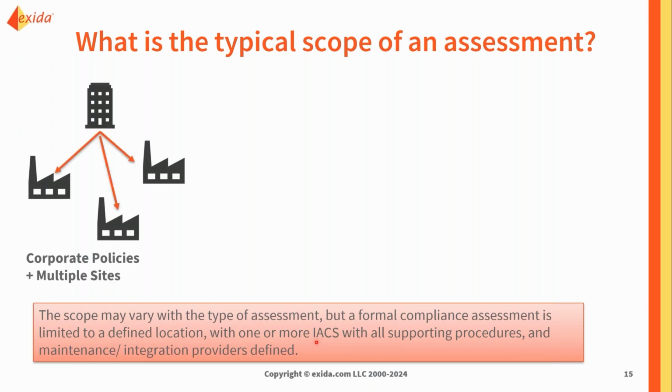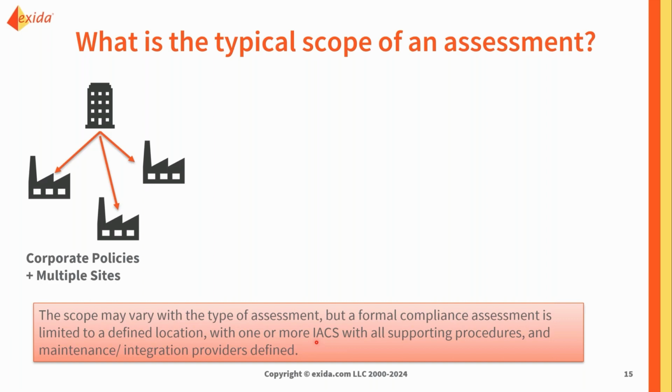On the bigger end of the potential scopes of an assessment that we've conducted, it could be a combination of both corporate policy, so what is the corporate IT group requiring, and what sort of general OT guidance is there, as well as evaluating how that has been implemented, or in some cases not implemented, at multiple sites.